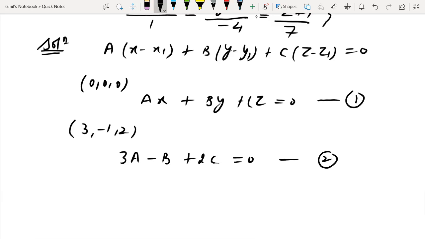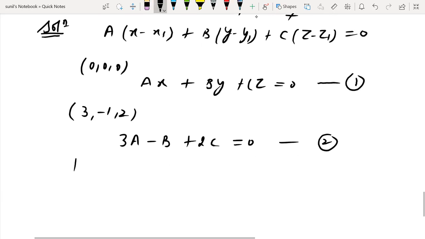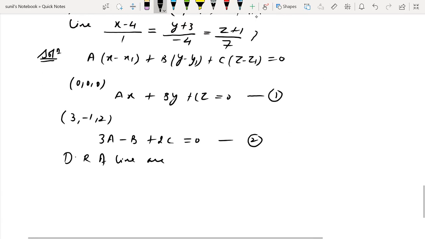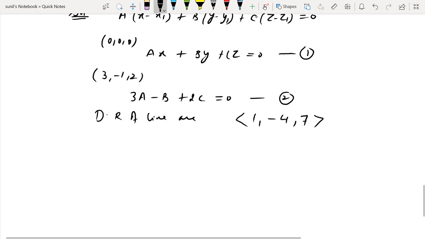Let it be relation 2. Now the DR of line r, we have DR of line r, simply we can say that is 1, minus 4 and 7. Now the line is parallel to this plane, and DR of normal is a, b, c.